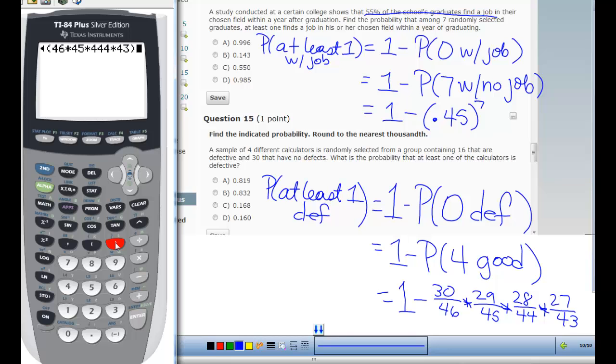Did I miss something? Okay, so I get 0.832. Looks like it should be, well, 3 decimal places, 0.832 works.